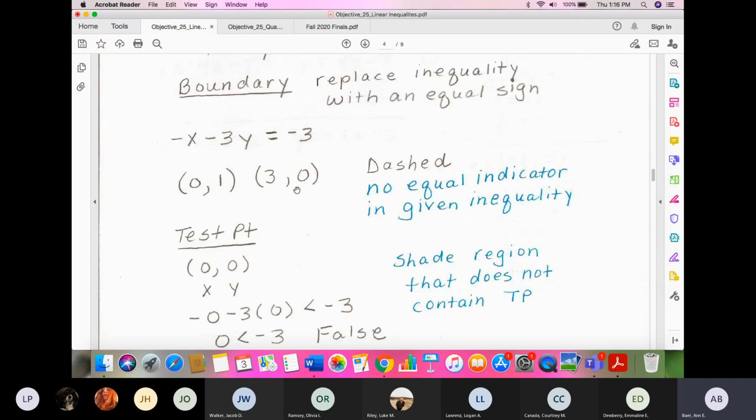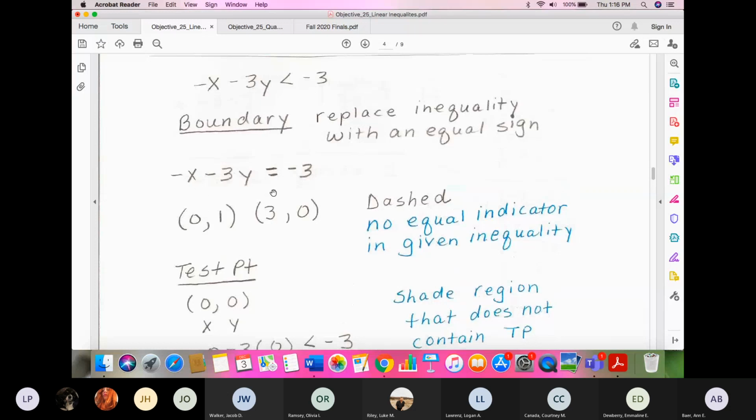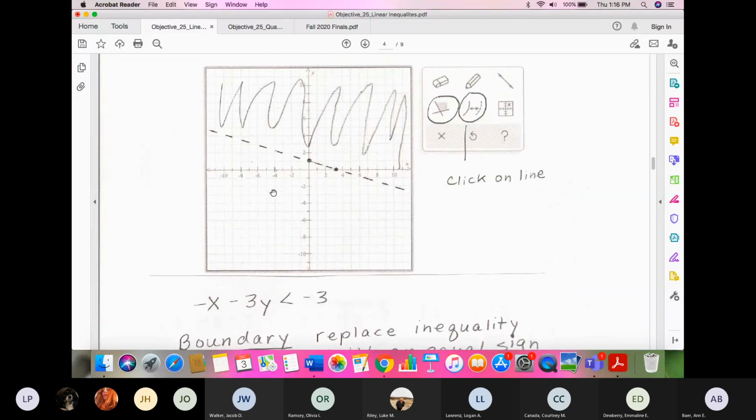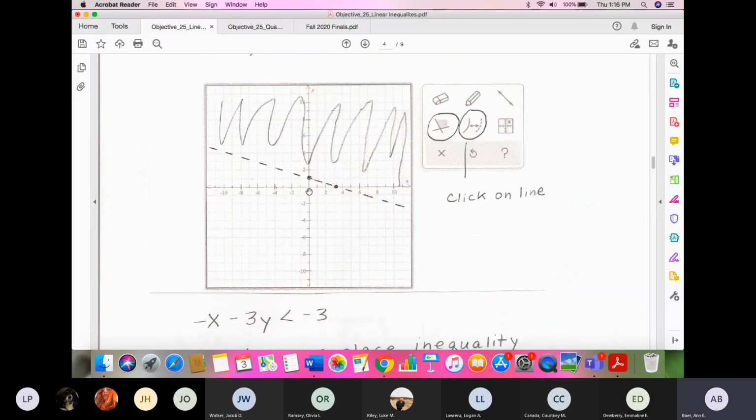So let's plot both of those. Let's look at plotting both of those points, (0, 1) and (3, 0). So (0, 1), start at 0. 0 for x means we stay put, and then 1 for y means we go up 1.